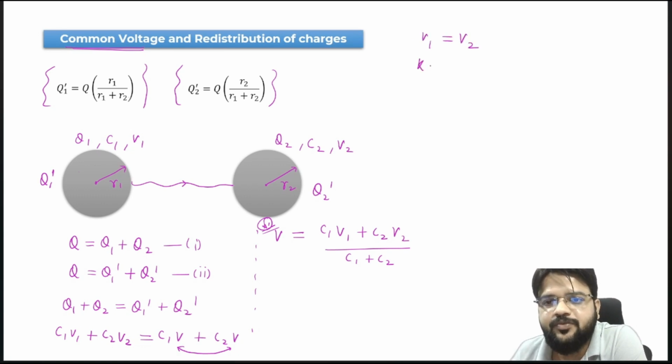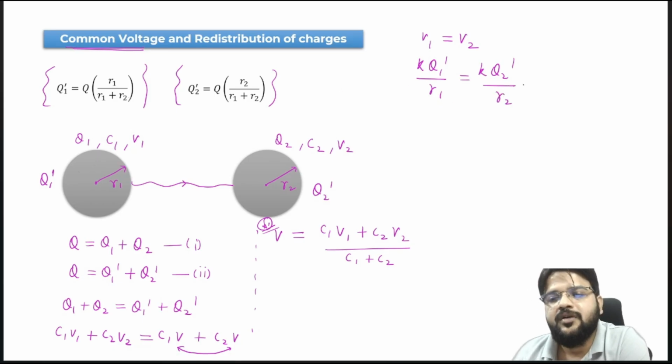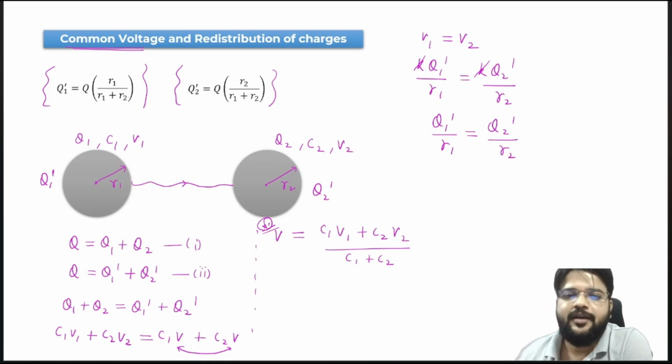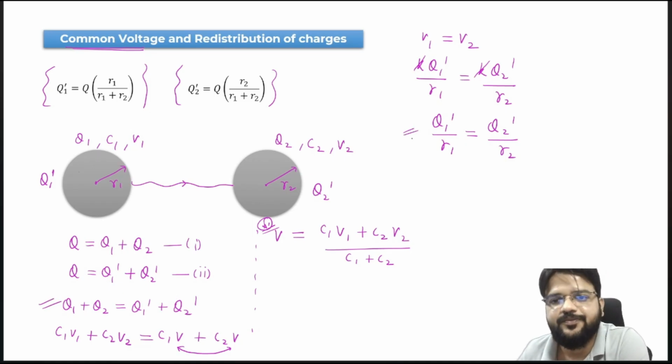V1 can be written as K Q1 dash by R1, and V2 as K Q2 dash by R2. Correct? K is cancelling here. So we have Q1 dash by R1 equal to Q2 dash by R2. Correct. So here we have two relations: this result, and this one also.